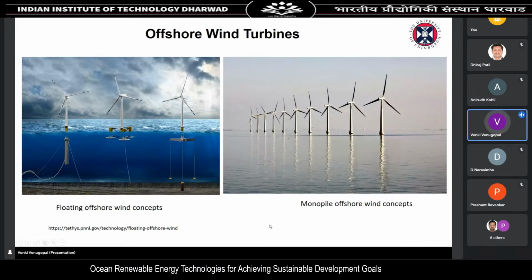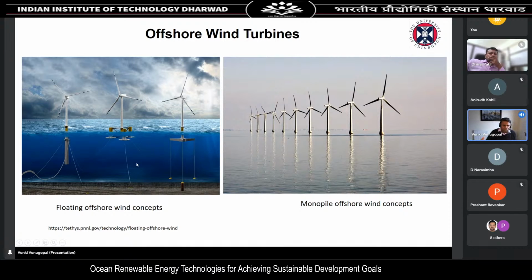So in addition to the wave and tide, we also have offshore wind. The ones on the right-hand side are monopile-based foundations. On the left-hand side, they are floating wind concepts. The floating wind concepts are used for deeper water, whereas the monopile types are used in shallow water.